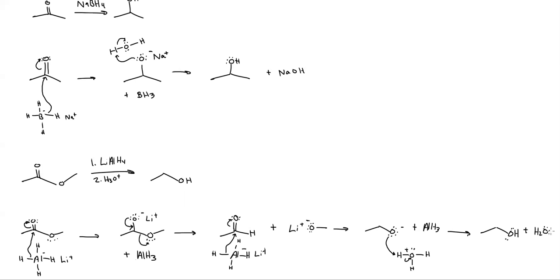That's it. So this is the mechanism of sodium borohydride and lithium aluminum hydride and everything that happens there. Okay. And then as a last thing, we also have this lithium here as a counterion, right? But that's it. So this is my mechanism for this.